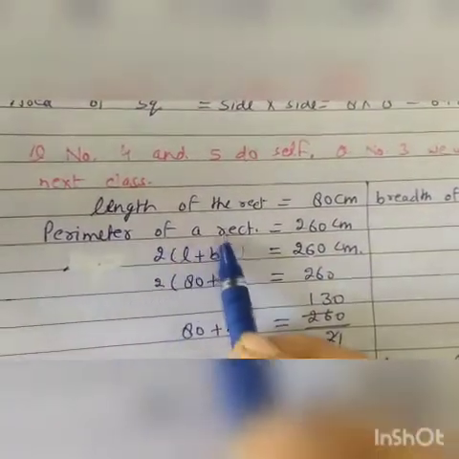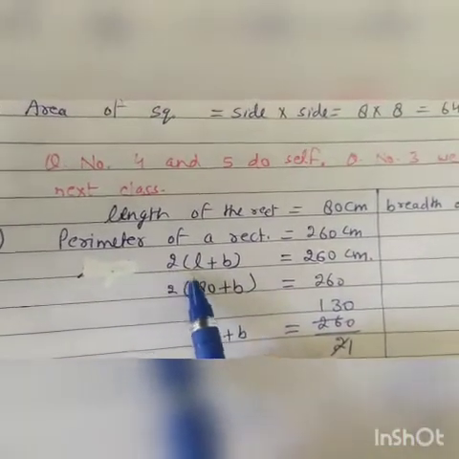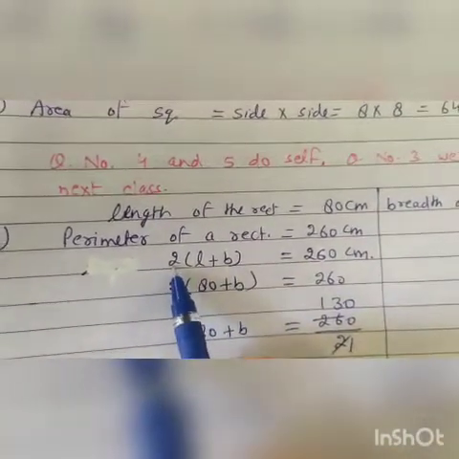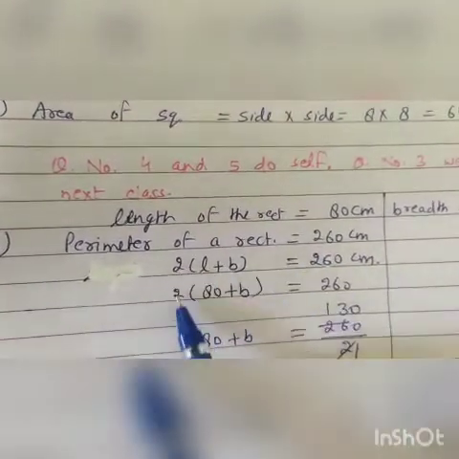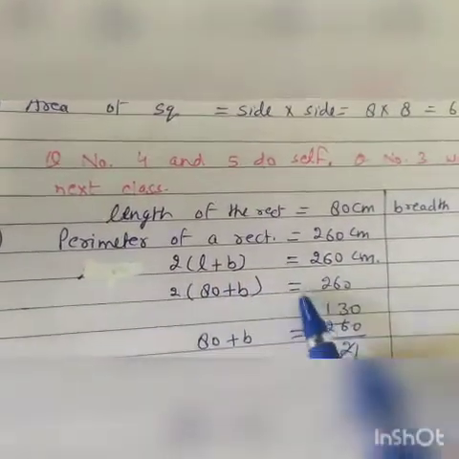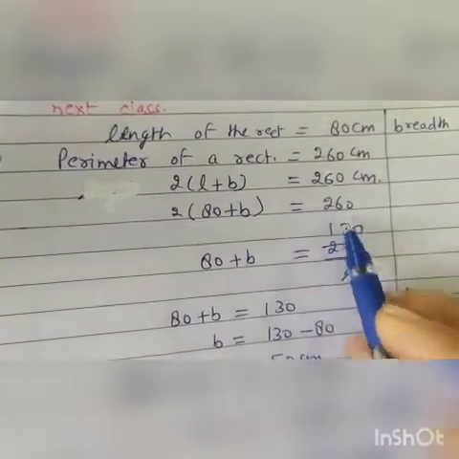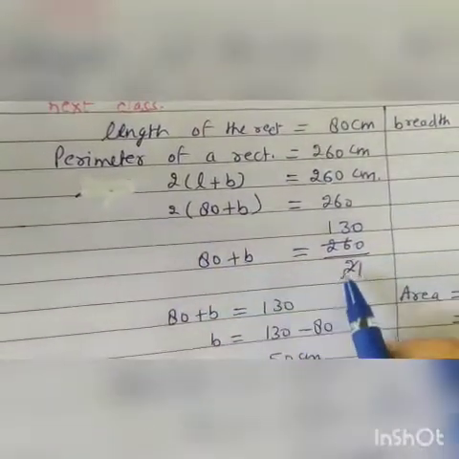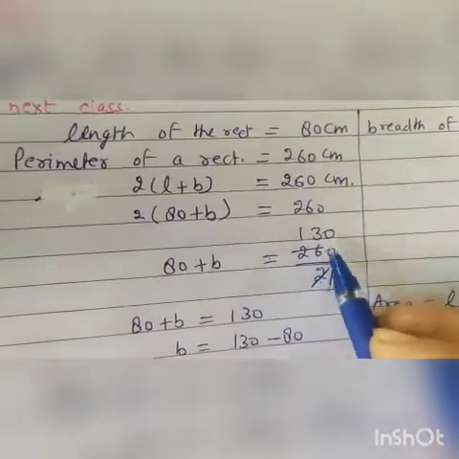We will write below it the formula for perimeter of rectangle. So it is 2 into (L plus B) equal to 260. Then in place of L we will write 80, so 2 into (80 plus B) equal to 260. This 80 plus B is equal to 260 upon this 2. We will simplify it.